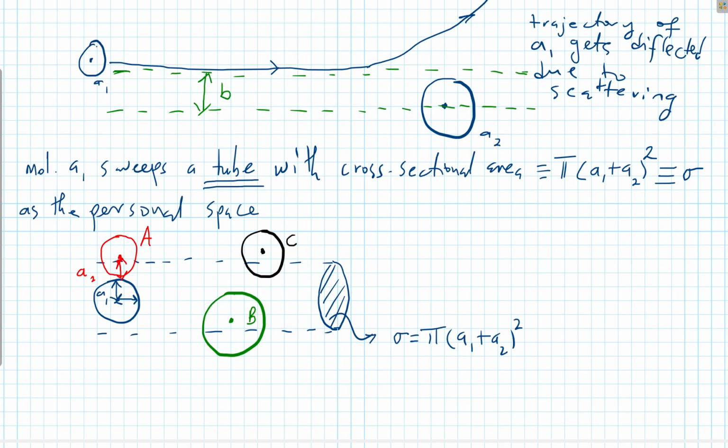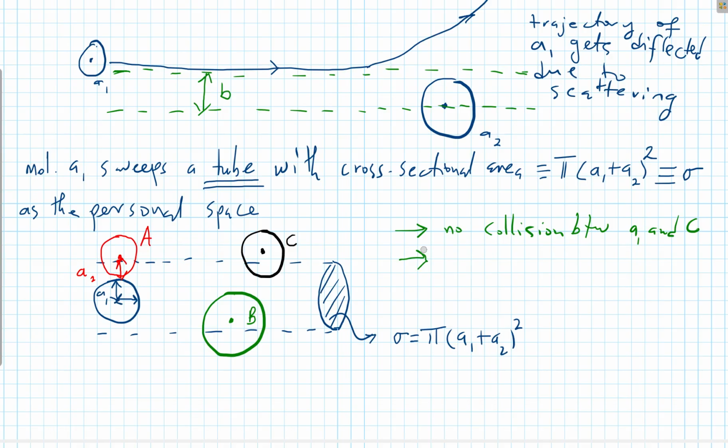For what I have sketched here, no collision is going to happen between molecule A1 and molecule C, because the center of molecule C is outside the personal space of A1, so they are not going to collide.